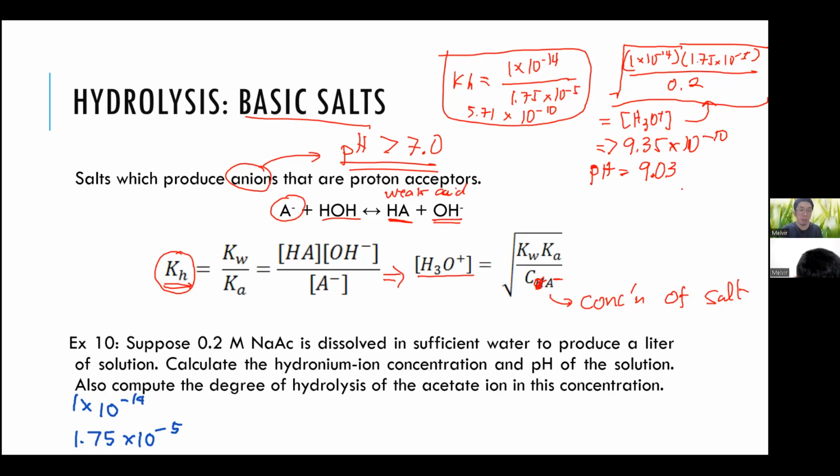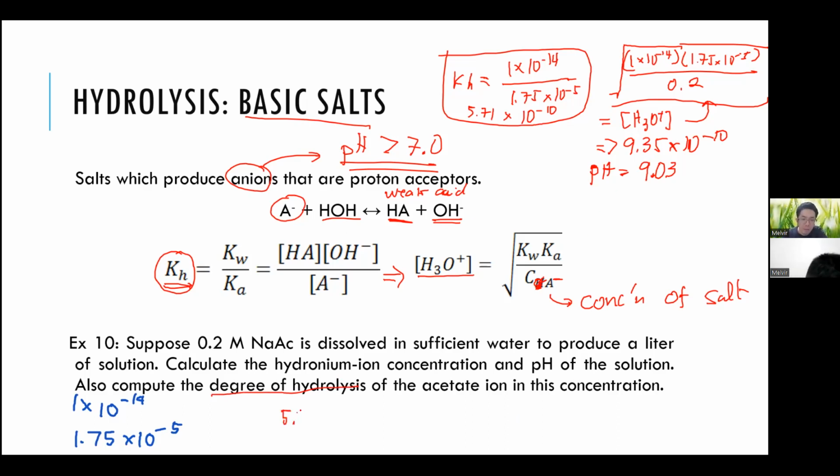So, look at your pH. What pH do you expect? Greater than 7, right, because it's a basic salt. So, we can clearly see that it's 9.03. Then, to get the degree of dissociation, or degree of hydrolysis rather, of the acetate ion, you can go to this.